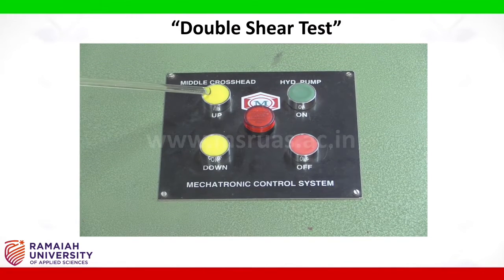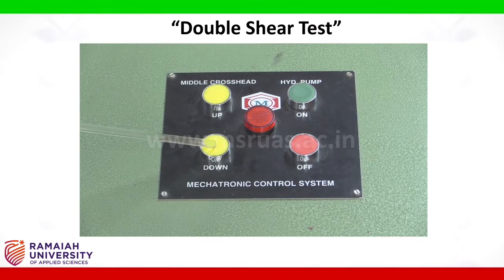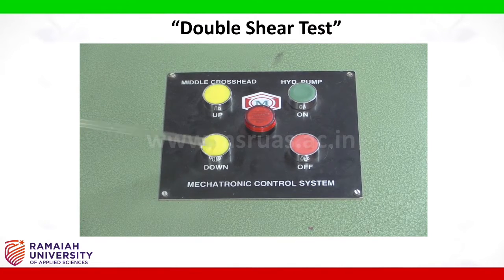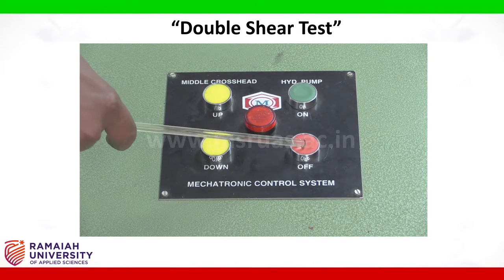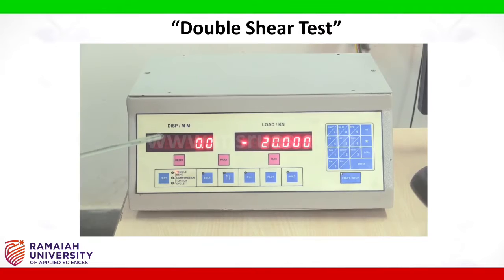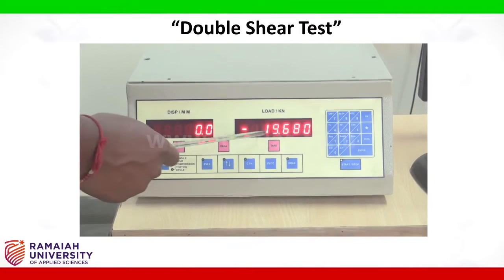With this switch we can move the middle crosshead upwards, and with this switch we can move the middle crosshead in the downward direction. And this green switch is to switch on the hydraulic pump and red is to switch off the hydraulic pump. Here this is the display unit through which you can take the displacement and the load.